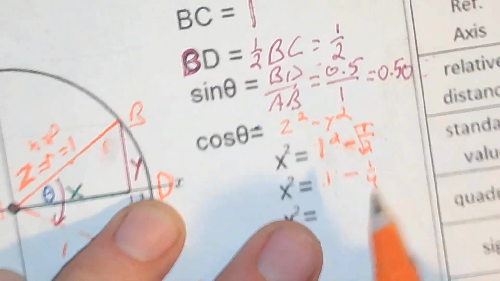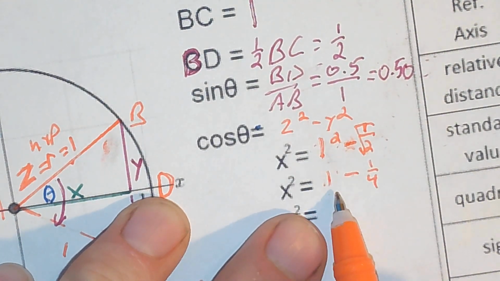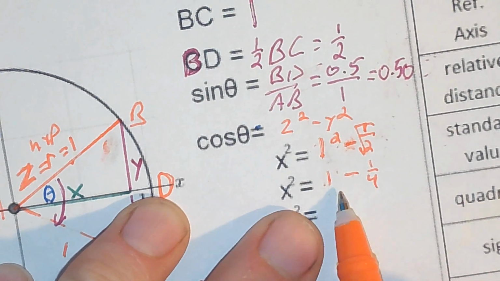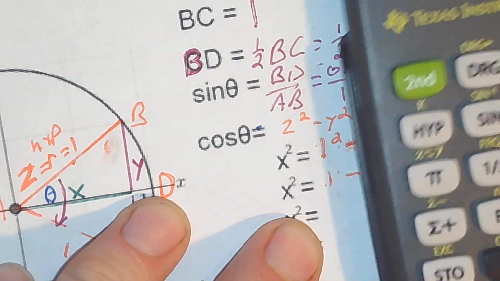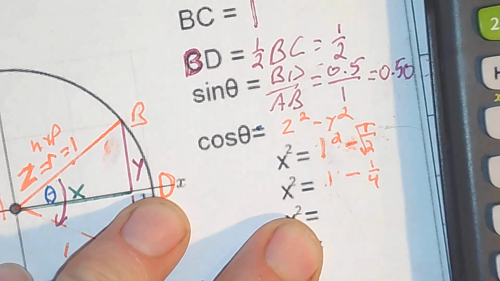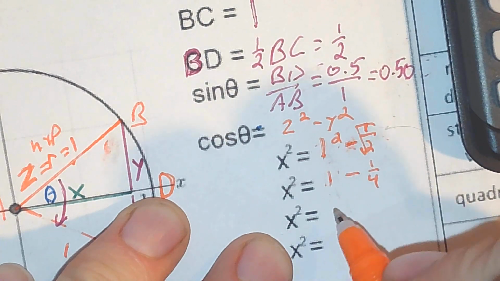Okay, so how do you subtract 1 minus 1/4? Well, that's 4/4 minus 1/4, or you can just go 1 minus 1/4 equals 3/4. So that's 3/4.